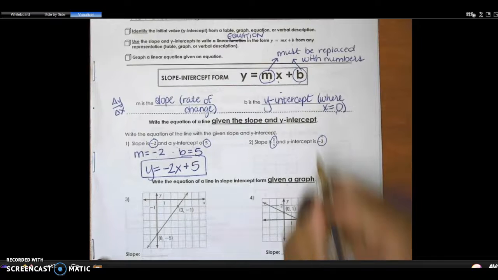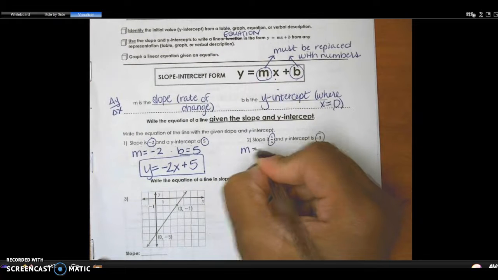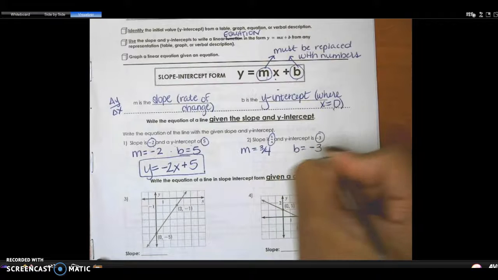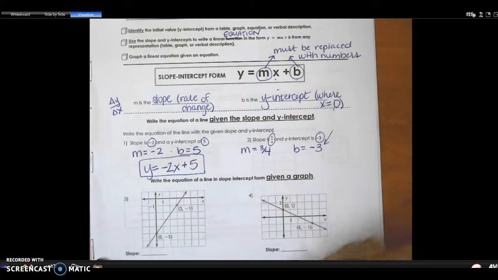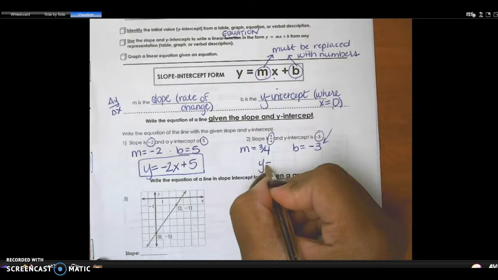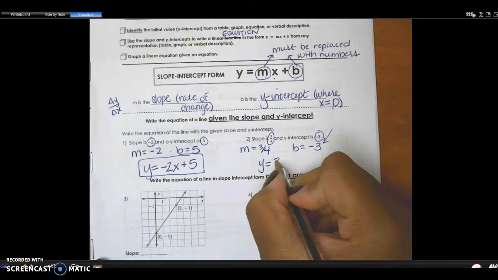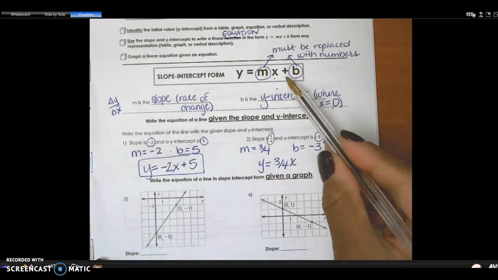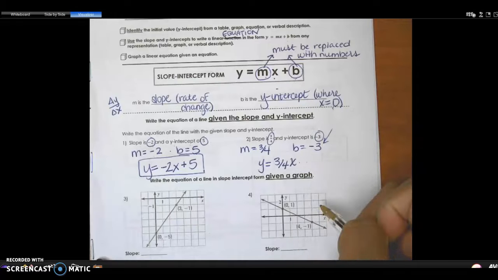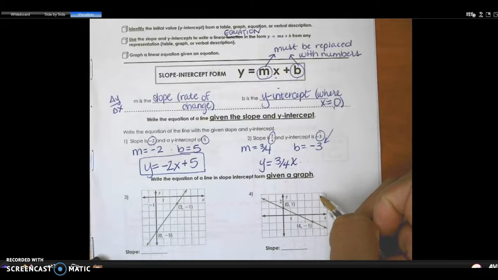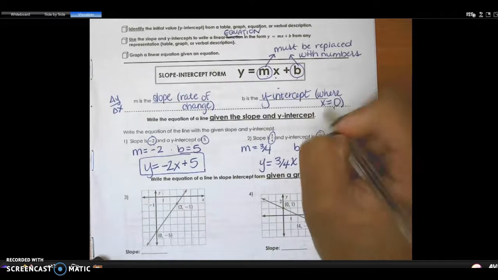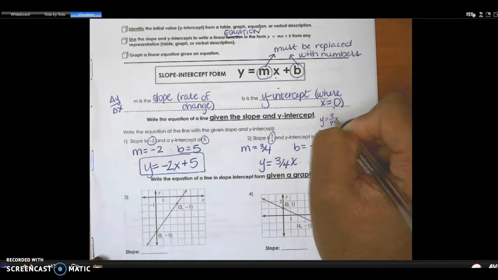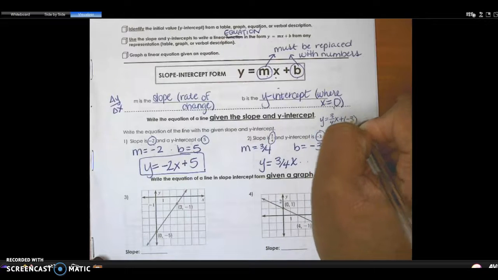Easy. Over here, my m equals 3/4, and my b equals -3. Be careful here. My y is going to equal 3/4 x, but I can't put plus minus 3. That's going to look very silly. This is what it would look like. Y equals 3/4 x plus -3.